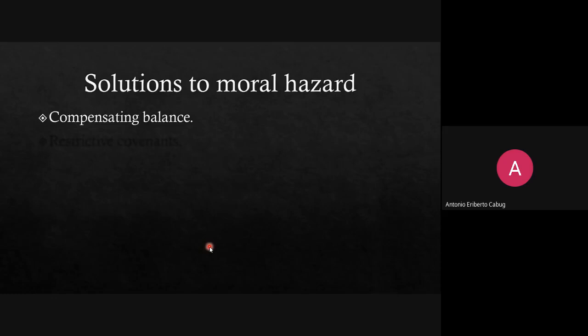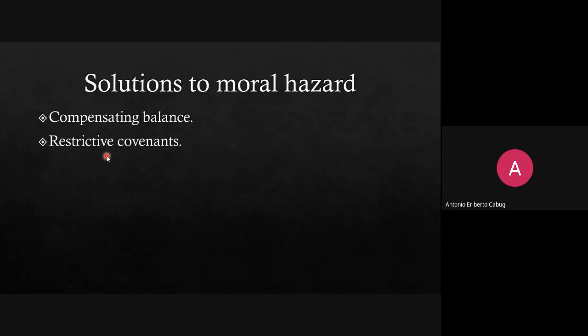They will not give you back the amount you left. Say you borrowed 1 million, they would require that 100,000 should be in the bank so that when the time comes that you cannot pay, they're going to take the money from the compensating balance. Okay? So, after the transaction, these are things that would protect the lender.